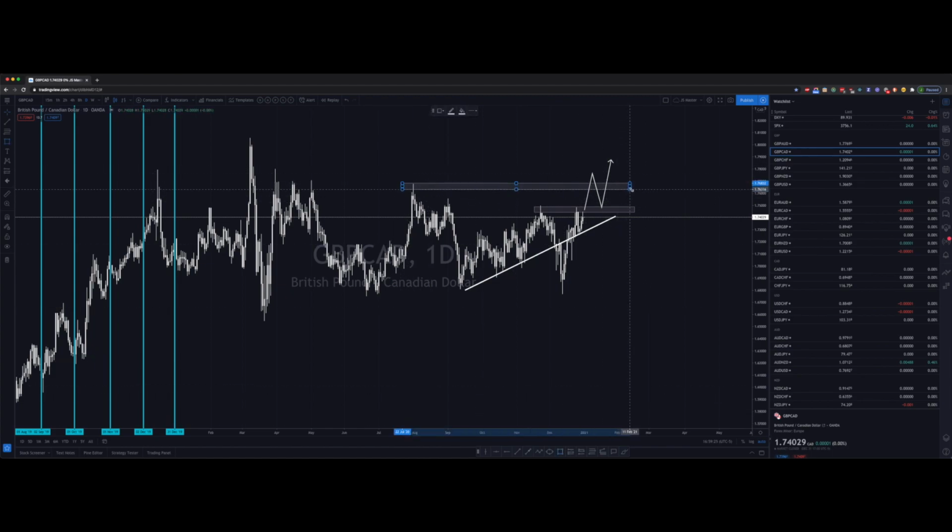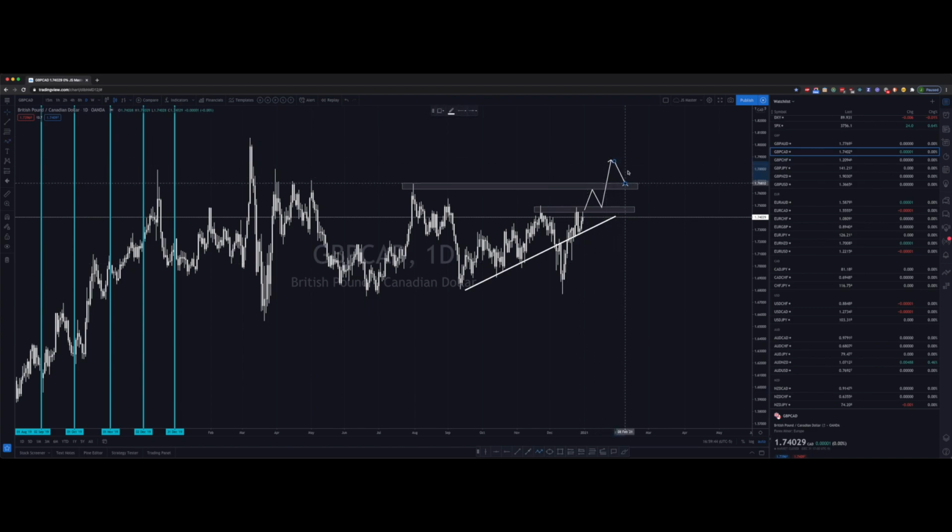So you have these levels in the past here. We might probably say something like this. It might push through, come back, retest, and then, if it has the momentum to break through and go up, then you might see that.